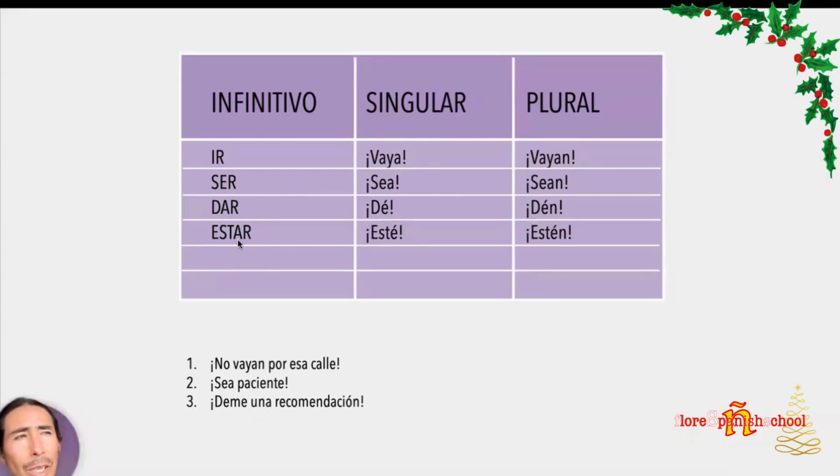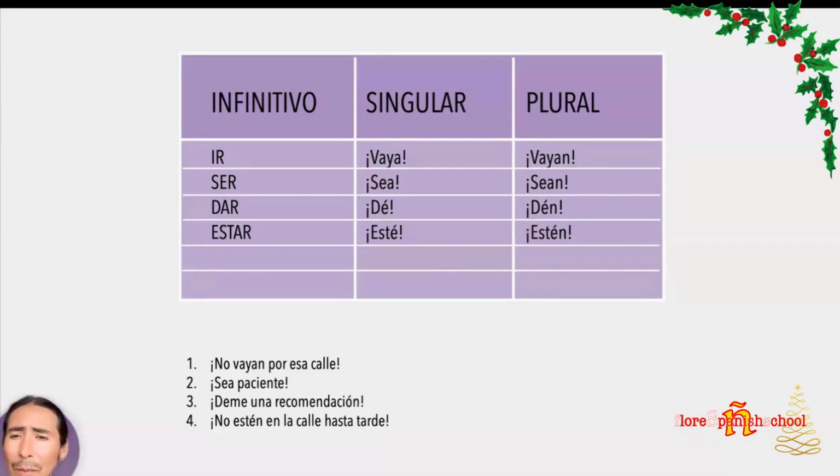But estar, we are going to use more for emotions, feelings, but giving an instruction, an order about emotions, kind of weird. Maybe more for location, because this is another rule of verbo estar. Take this example. No estén en la calle esta tarde. Don't be on the street so late.